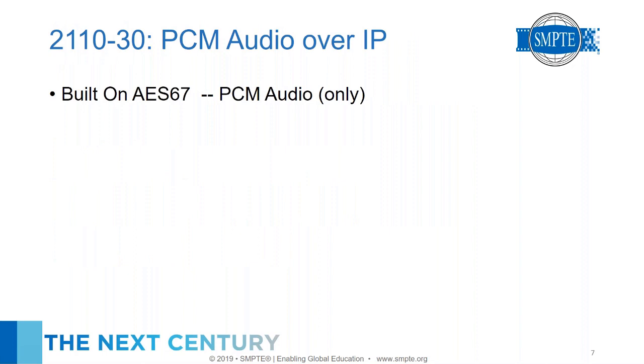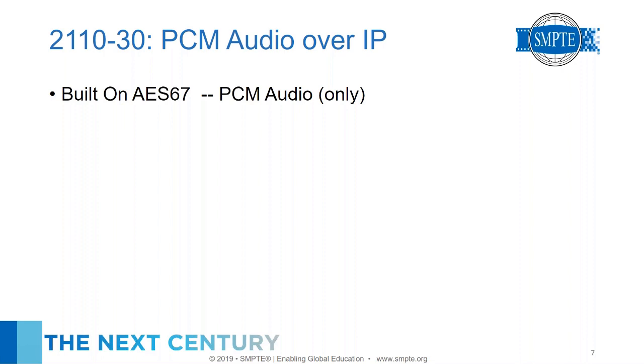2110-30 for audio is entirely based on AES67. So the AES spent a long time working through all of the different issues in the audio industry. They came up with AES67. It's a great standard. And so we said, well, gee, why would we do anything different? So 2110-30 is a very short spec because it says use AES67.